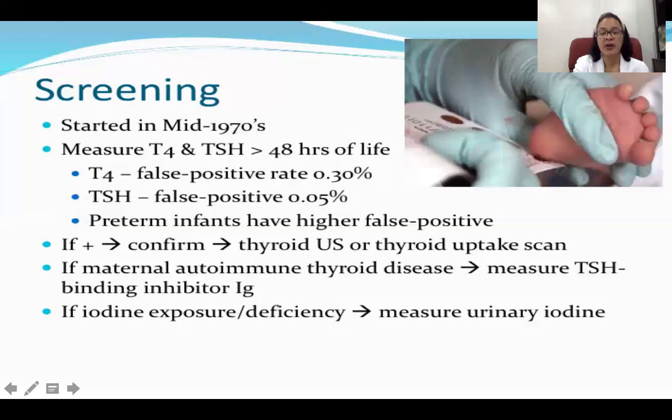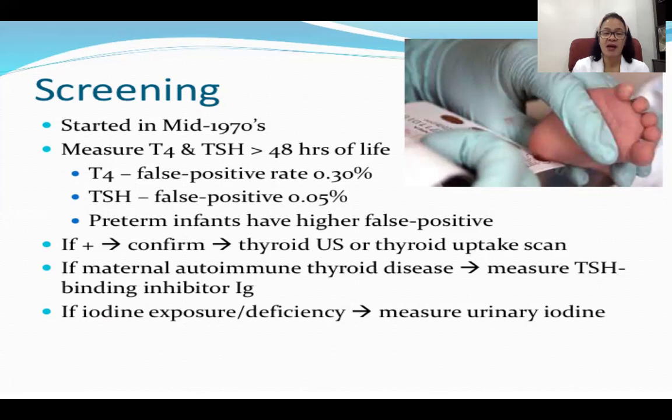So for the screening, you need, of course, to measure the T4 and TSH within 48 hours of life. But sometimes there might be some false positive rates, so you need to have confirmatory tests. If positive, you need to confirm and look for the possible cause.